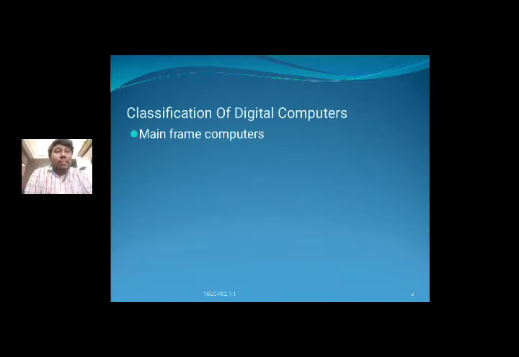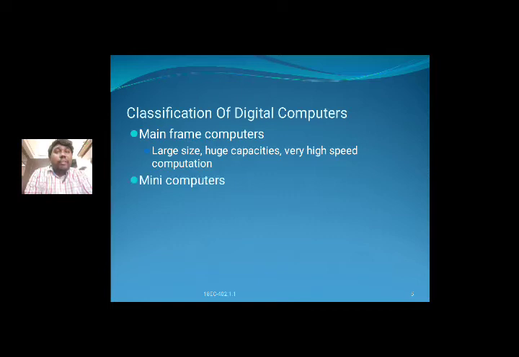The classification of computers, some main points: the mainframe computers have large size, huge capacities and very high speed computations. That means the size of the mainframe is large, the capacities are high, and very high speed computations can be provided.